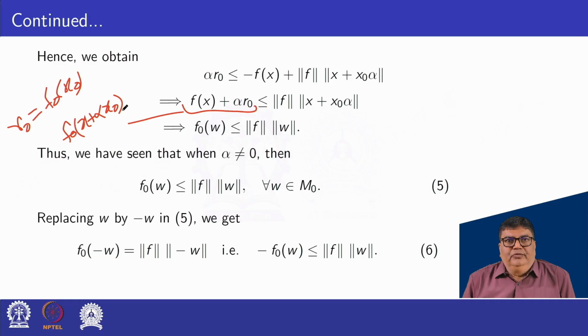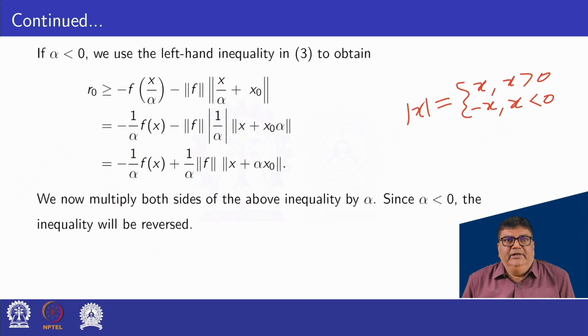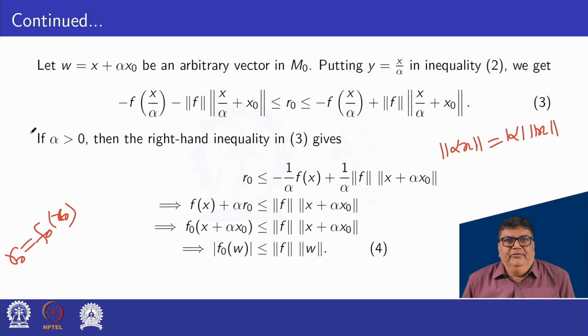So we can write this as f0 w less or equal to norm f into norm w. Thus we have seen that when alpha not equal to 0, then f0 w less or equal to norm f into norm w, because here we have proved for alpha less than 0 and here for alpha greater than 0.